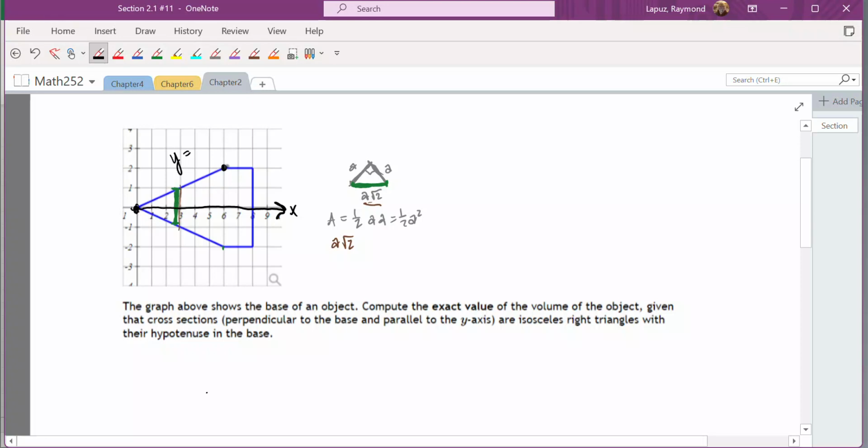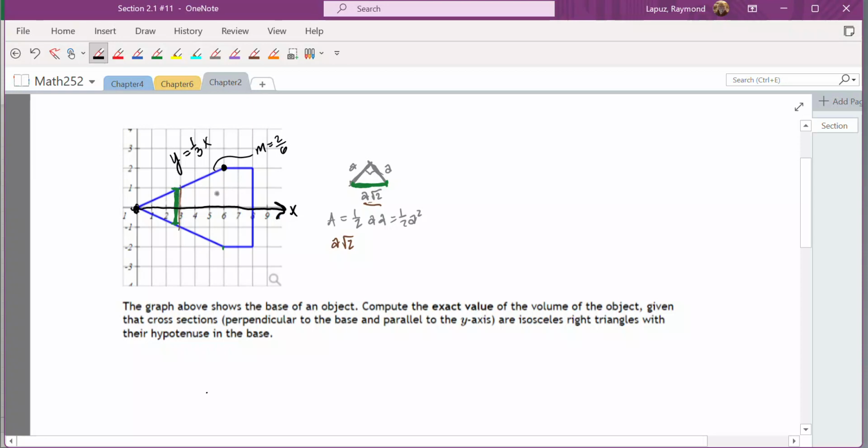The slope is rise over run, so that's 2 over 6. So the slope here, m, is equal to 2 over 6, or that would be 1/3 x. So if you draw the line 1/3 x, you'll see that it'll pass through 0, 0, and it'll pass through this point 6, 2.